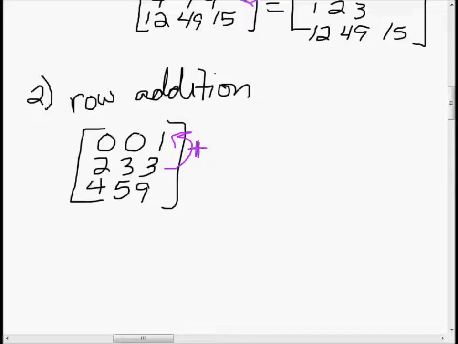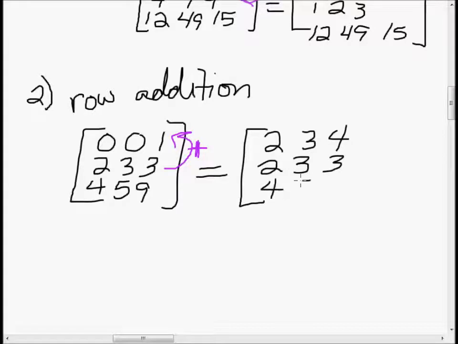If you were to do this, you would end up with the matrix 2, 3, 4, 2, 3, 3, 4, 5, 9. All we've done here is add this row onto this row. You'll notice over here in the transform matrix, this is still the same. This one is different. This one we didn't touch, so ignore that one.